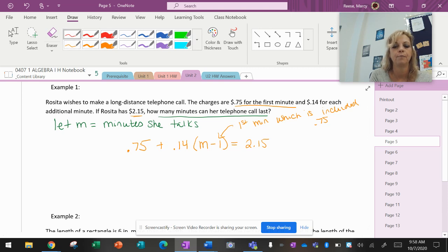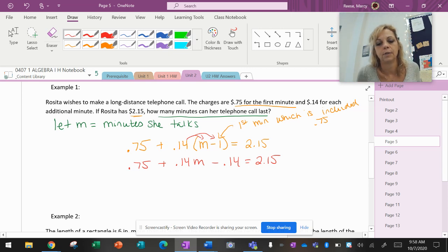That's a little bit different than maybe some of you were thinking, which means I've got to distribute, because now I'm going to solve for m. Okay, take a minute. I distributed it for you so you can see the distributive property into the m minus 1. So combine like terms and solve for m.